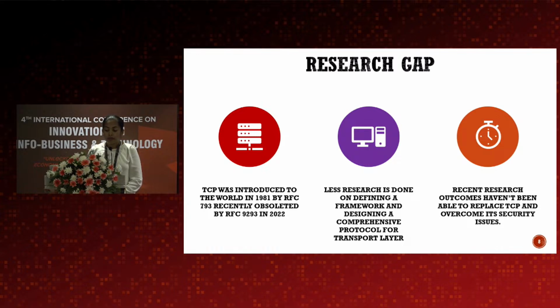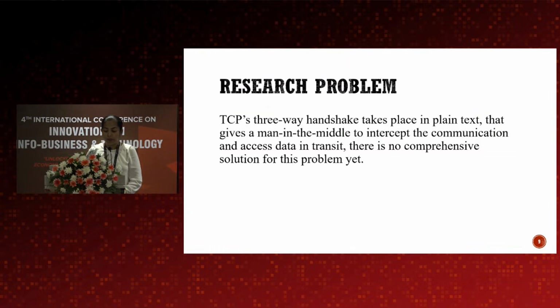So, rather than finding problems of TCP and security issues of TCP and proposing some modifications to TCP, this research intended to provide a replacement solution for TCP. So the research problem is that TCP's three-way handshake takes place in plain text, which allows a man in the middle to intercept the communication and access data in transit.